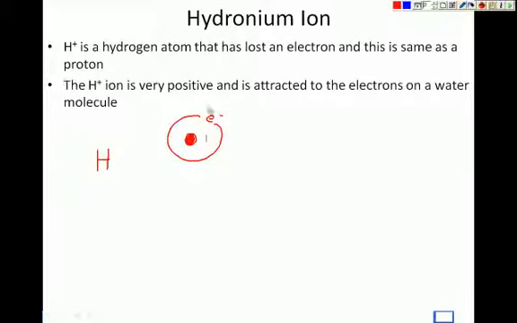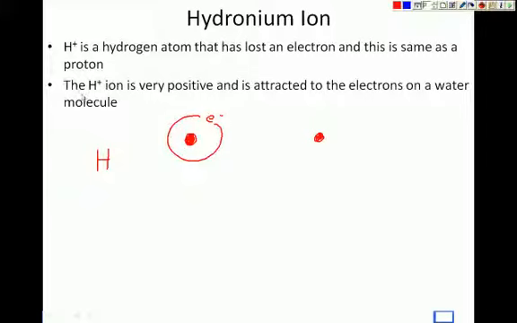Okay, now if it loses this electron, all it is is just one proton. So often we say a hydrogen ion is the same as a proton, because there's no electron there.